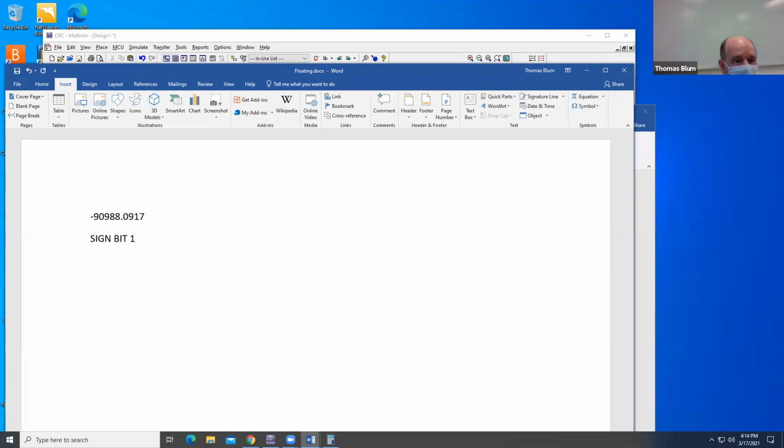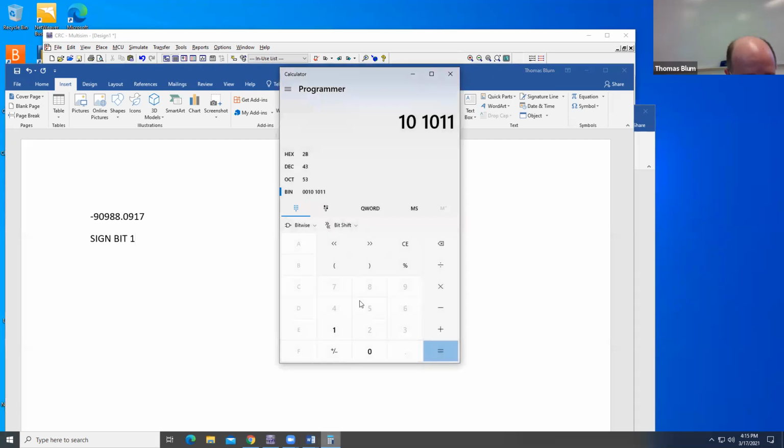Okay. So now let's start thinking first about fixed and then changing it from fixed to floating. So let me start with my whole number, 90988. I'm going to be here in programmer mode. I'm going to clear out and put in 90988. And here is the binary. I'm going to copy that.